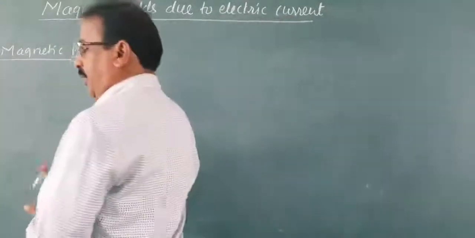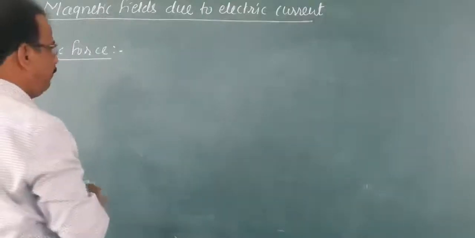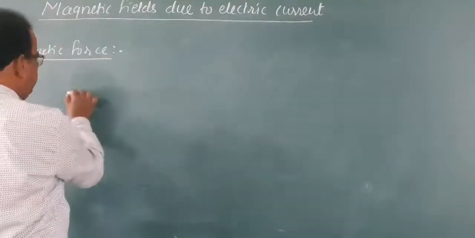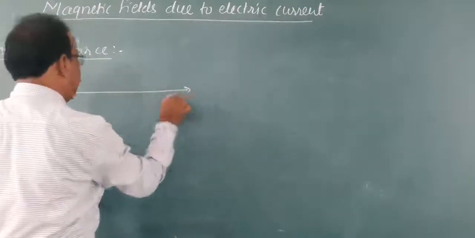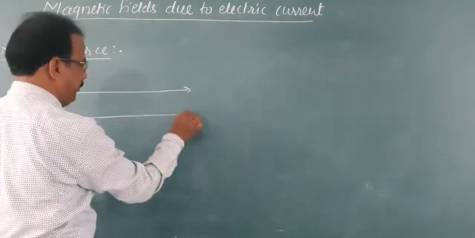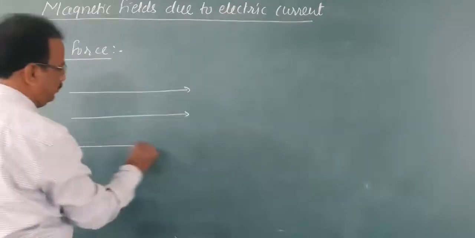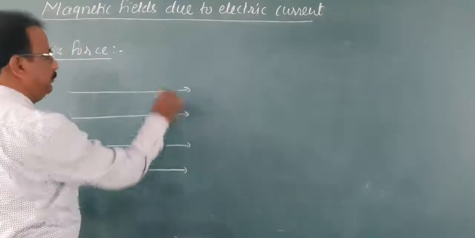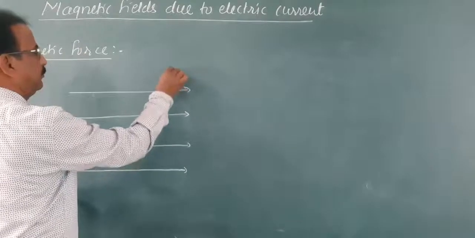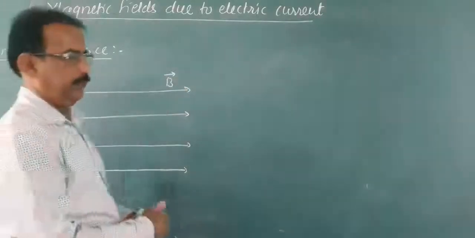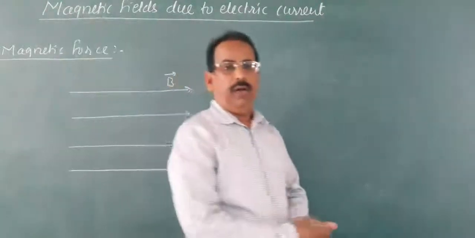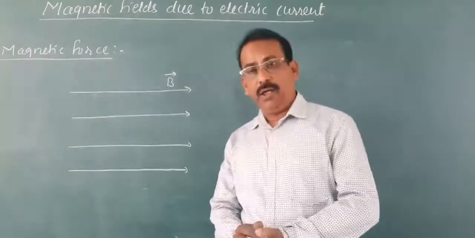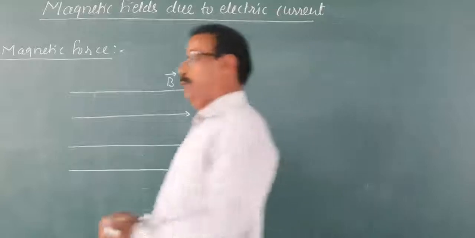To understand this magnetic force, instead of electric field, take a uniform magnetic field. So this is the uniform magnetic field. In this uniform magnetic field, there is an electric charge.